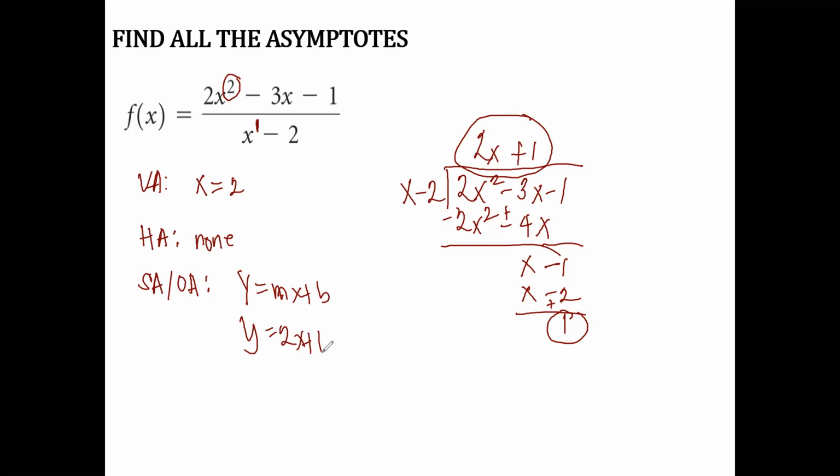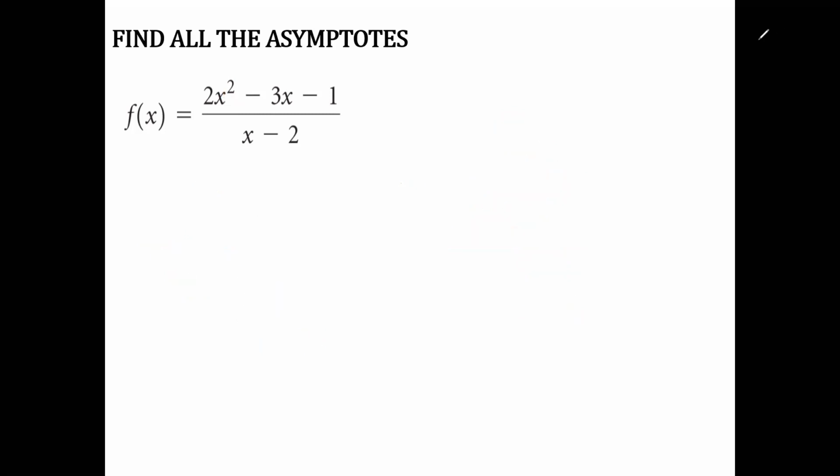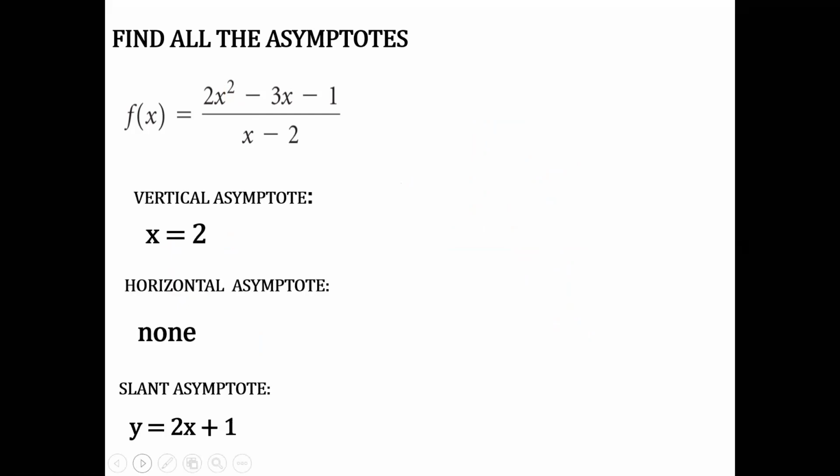So again, to get the slant asymptote, the degree of the numerator is 1 more than the degree of your denominator, here 2 minus 1. The vertical asymptote again is x equals 2. The slant asymptote is y equals 2x plus 1.